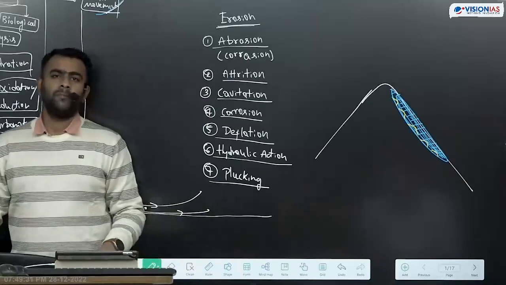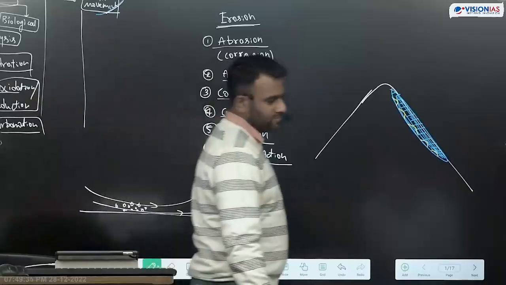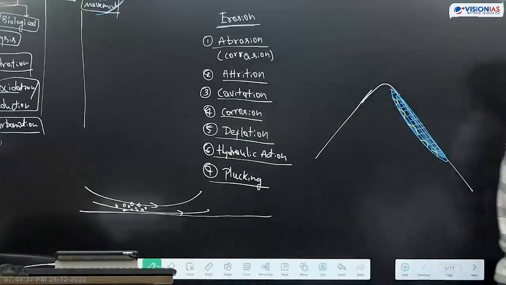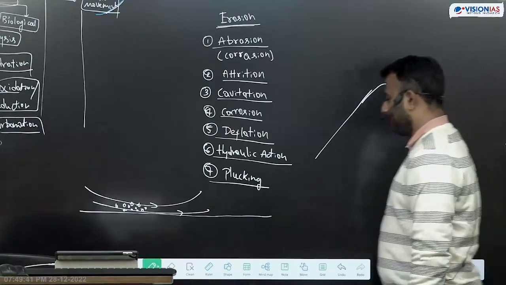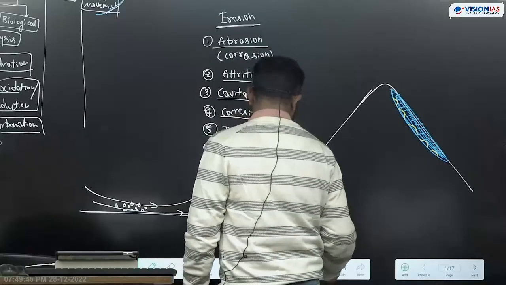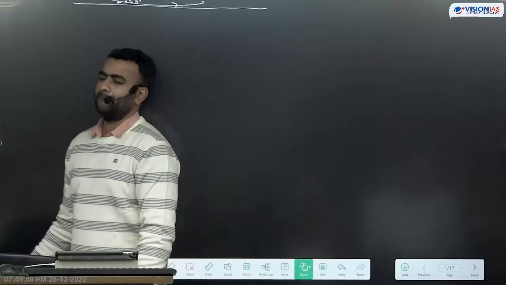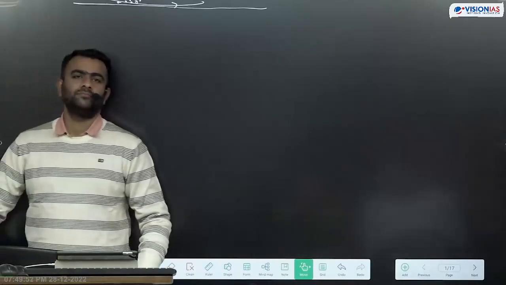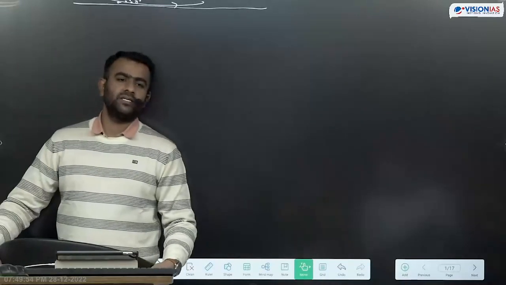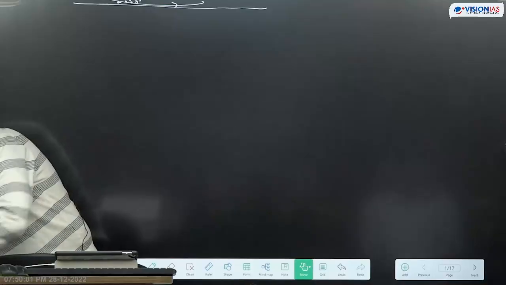So remember the 7 types of erosion. Close your books. Let's see how much you remember. The rubbing, polishing, scratching action is abrasion.